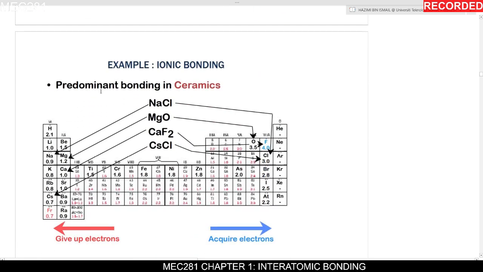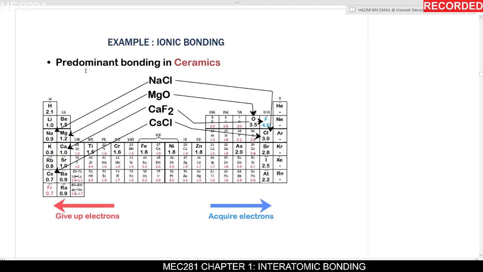Okay, the common ionic bondings are found between the group 1 and 2 elements and the group 7 and 6 elements. Sometimes other elements in the periodic table can also be found in ionic bondings, but they must have group 1 or group 2 as one of the elements.